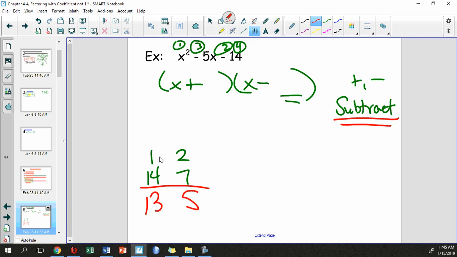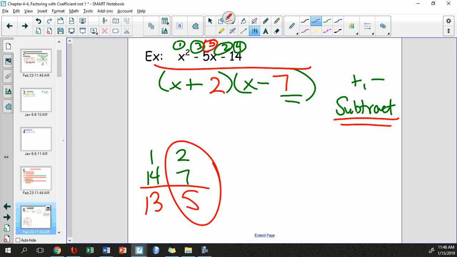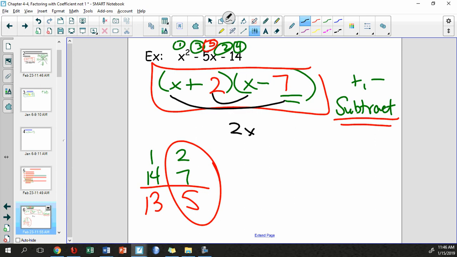Which numbers do I want? I need to get my middle term, which is going to be the number 5. So I'm going to use 2 and 7. What number goes where? The 7 goes with the minus because it's the larger number, and it gets the middle sign. How do I know I'm right? Inner is 2x, outer is negative 7x to give me a negative 5x, which is what I wanted. Do we understand that? Yes?